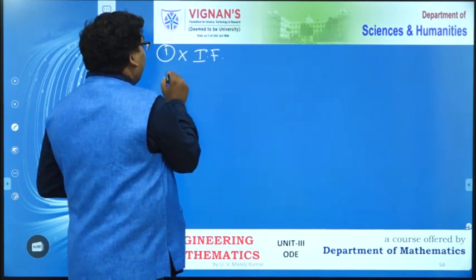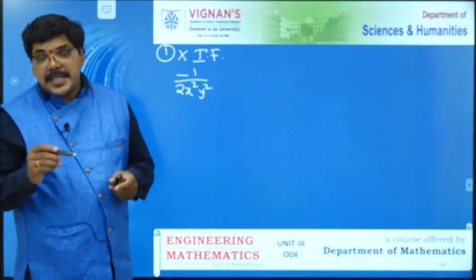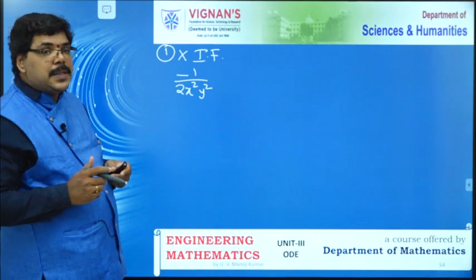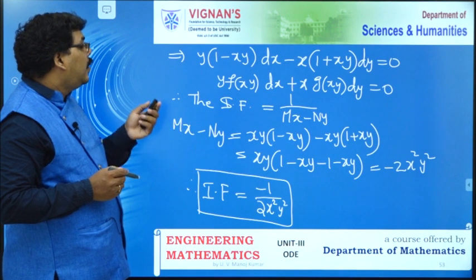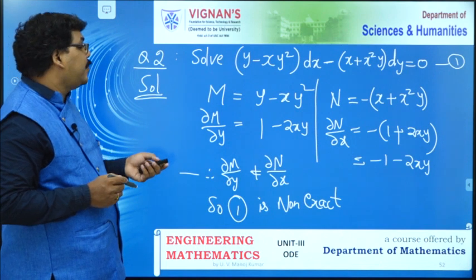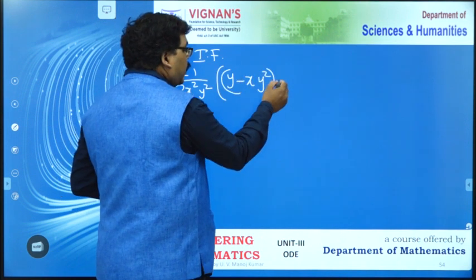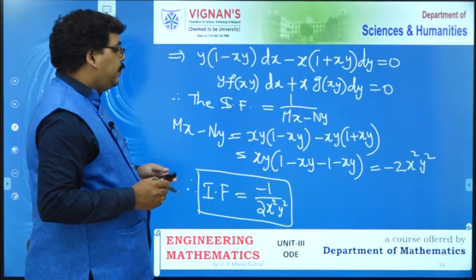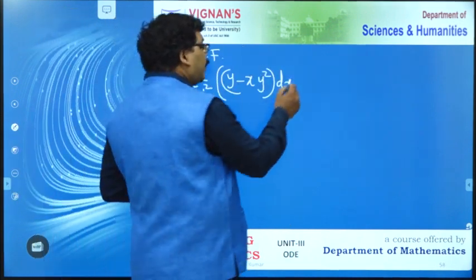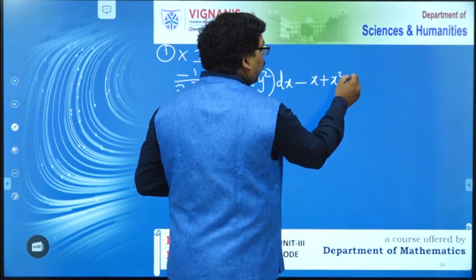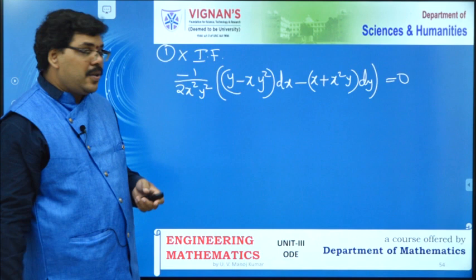Minus 1 by 2 x square y square into (y minus xy square) dx plus (minus x plus x square y) dy equals integrating factor into 0. Integrating factor into 0 is 0.